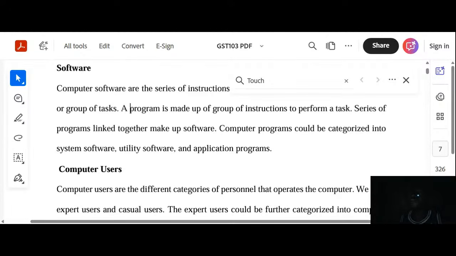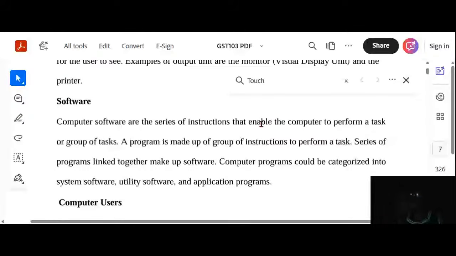They are already series of instructions programmed that when you install them and you start using them, they will start giving you results by performing some tasks for you. You can use Photoshop to edit your photo. You can use Corel to come up with designs and the rest of them. Now you have a task. You are using software to perform the task. That is why they say software is a series of instructions that enable the computer to perform a task or group of tasks.